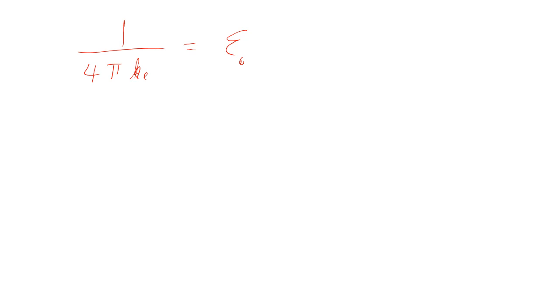Epsilon naught is the permittivity of free space, and it is 8.85 times 10 to the minus 12 Coulomb squared per Newton meter squared. You get that by just taking 1 over 4 pi k sub e. It's just a constant. It's just easier to write epsilon naught than it is 1 over 4 pi k sub e. So later in the semester, we see it that way.